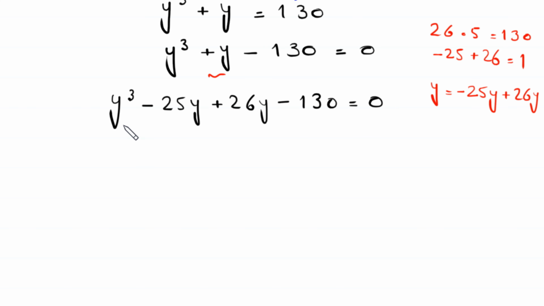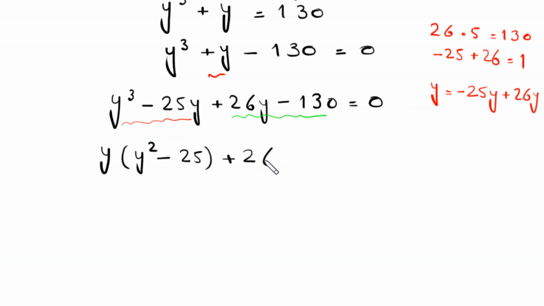Now from these two terms, y cubed minus 25y, we can factor out y as common factor. In bracket left y squared minus 25, plus from these two terms 26y minus 130, we can factor out 26 as common factor. In bracket left y minus 5 is equal to 0. Now this 25 is the same as 5 squared.